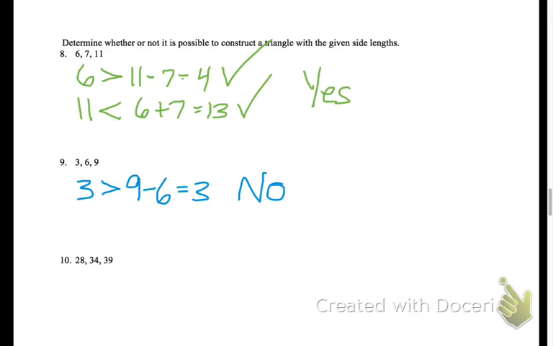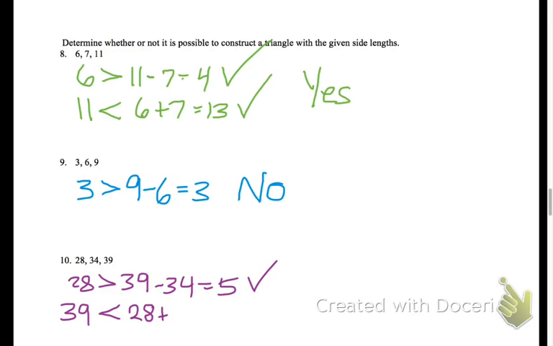And number 10, okay, this looks pretty good to start out with. 28 is certainly larger than 39 minus 34, which is just 5. So that looks good. And is 39 less than the sum of 28 plus 34, which is equal to 62? 39 is less than 62, so perfect. That could be a triangle.